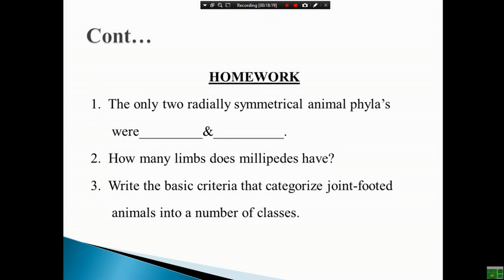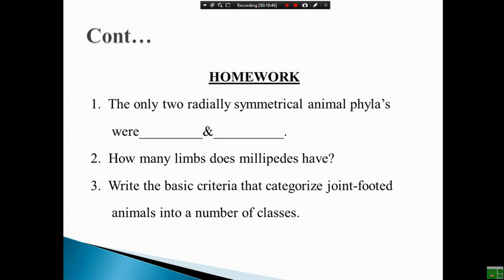Next, there are homework questions. Dear students, please pause the video, copy these questions in your exercise book and answer them one by one. Question number 1: the only 2 radially symmetrical animal phyla were blank and blank. Question number 2: how many limbs do millipedes have?